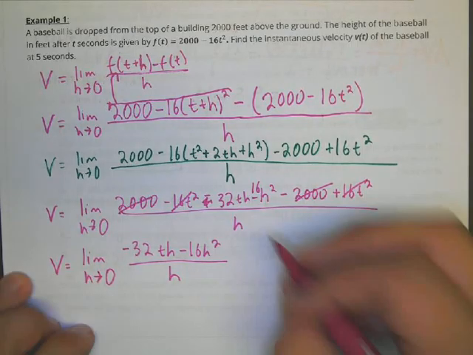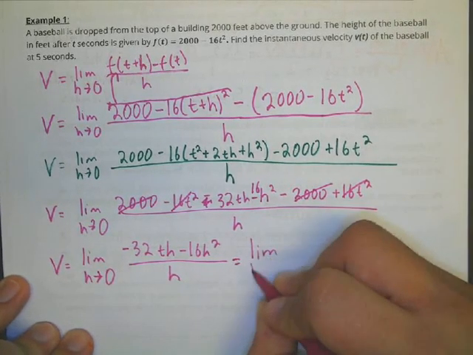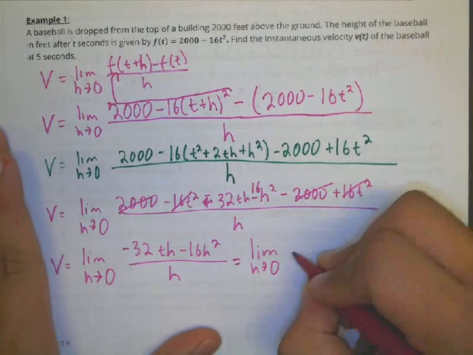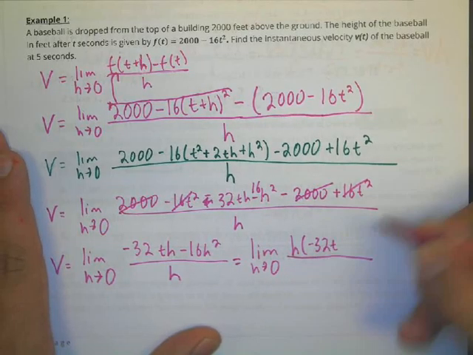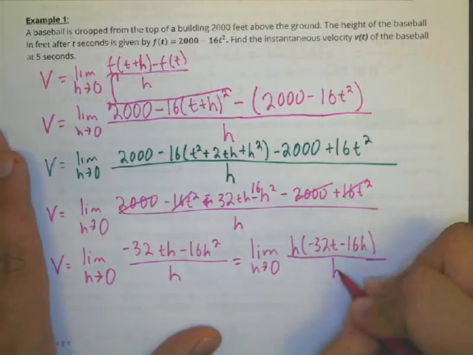All right. So what I want to do to this, so can I plug in the h's to 0 yet? No, because why? You get indeterminate form, right? So what do I have to do? Yeah, pull out an h from the top. That's going to give us negative 32t minus 16h over h.